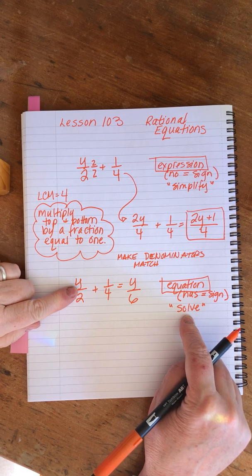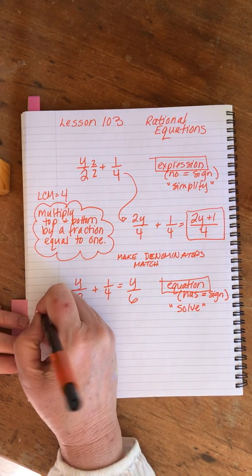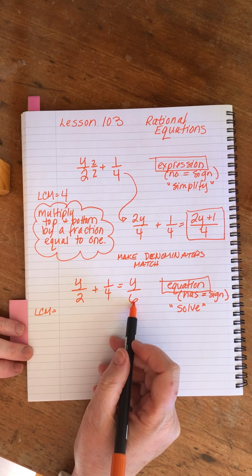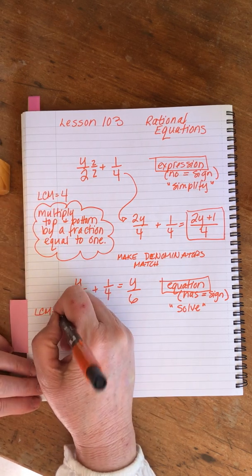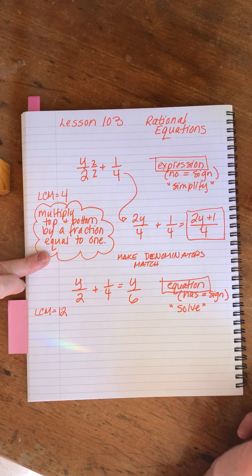Now, in this type of problem, we still need to find the least common multiple. And this one got more complicated because now we have the 6, right? So the LCM can't be 4 anymore, but it can be 12. Okay, good. Now, in these problems, we don't multiply top and bottom by a fraction equal to 1.